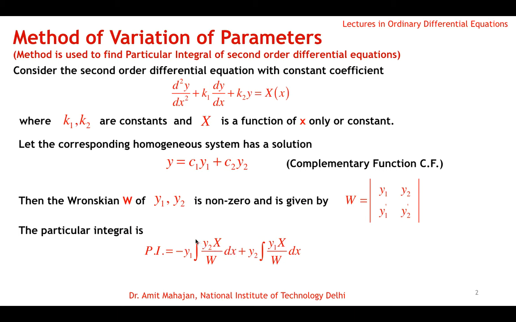Then we can solve these two integrals, and that will give us the particular integral. Once we know the particular integral, we can write the complete or general solution as complementary function plus particular integral.